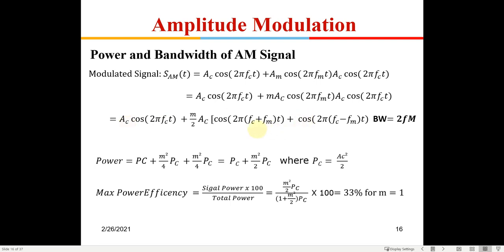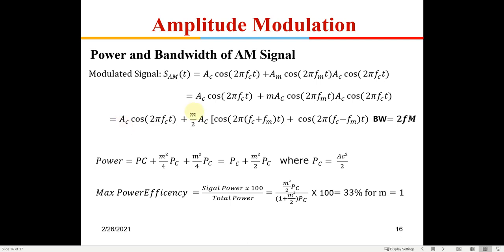Then you have one more frequency component, which is fc plus fm, that is the carrier displaced by the modulating frequency fm, with an amplitude of m by 2 Ac, right? And another component, which is fc minus fm. So initially you had one carrier frequency and one modulating frequency, and when you make an AM signal, we are actually sending 3 different frequency components, each having different amplitudes.